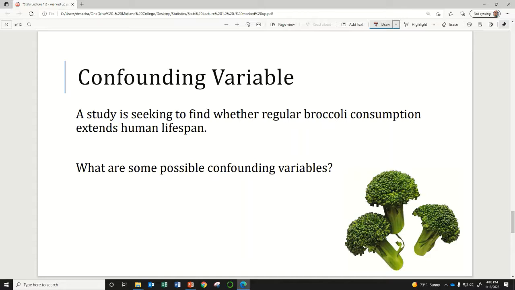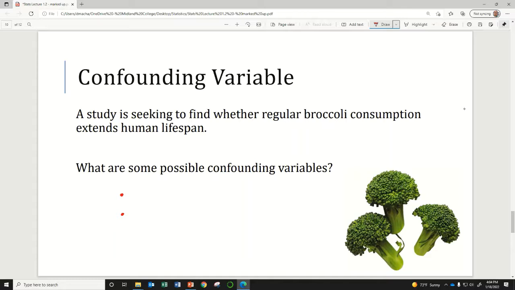A study is seeking to find whether regular broccoli consumption extends human lifespan. So if you eat broccoli every day, does that make you live longer? What would be some possible confounding variables here? I can think of one or maybe two really big possible confounding variables.